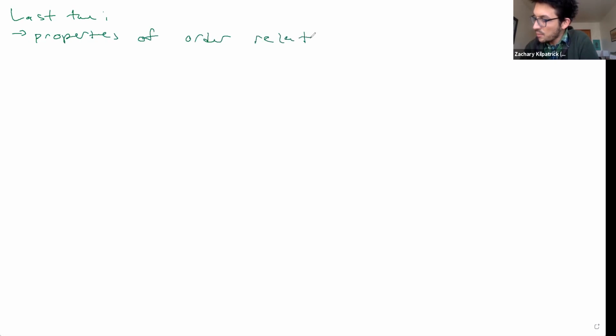Okay, so last time, just a quick recap, we talked about properties of order relations, right? In general, an order relation is something like f is big O of some function g, okay?